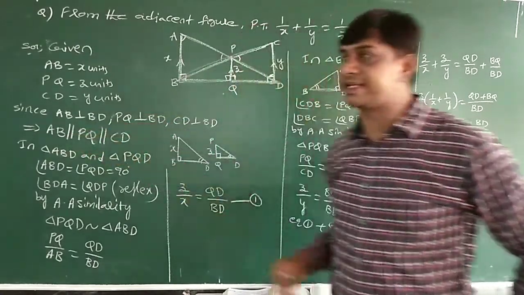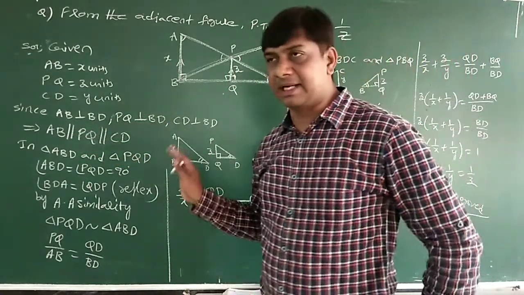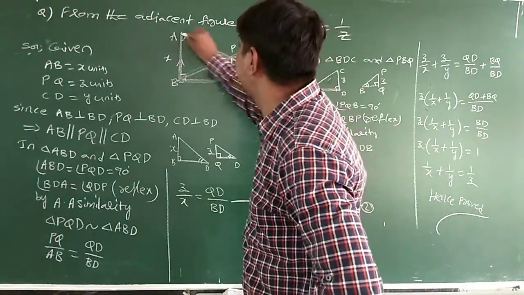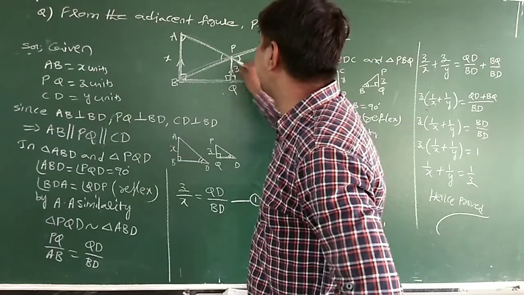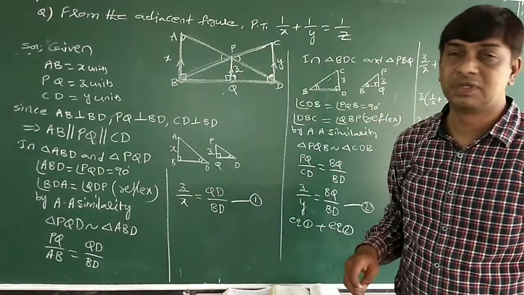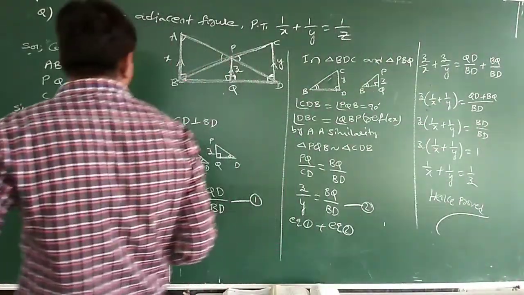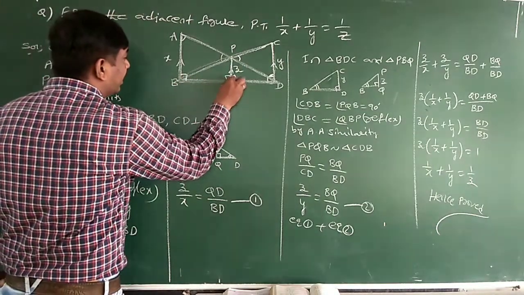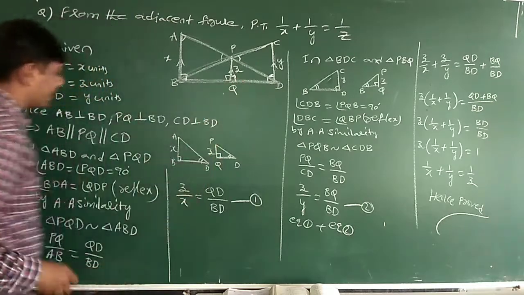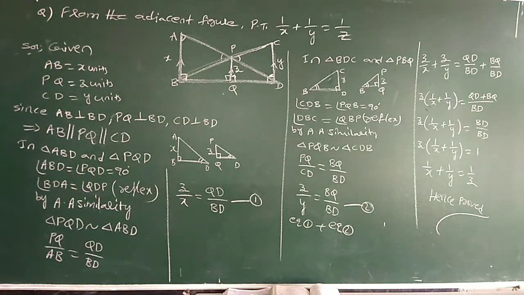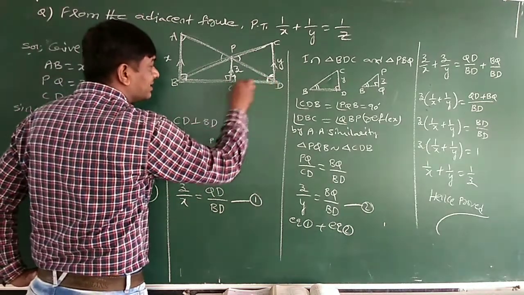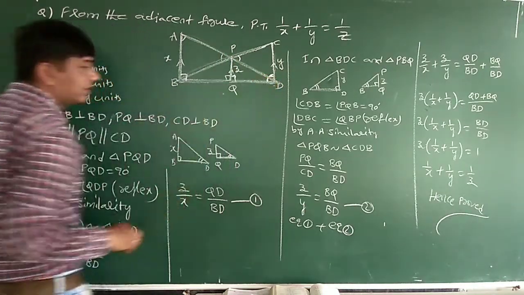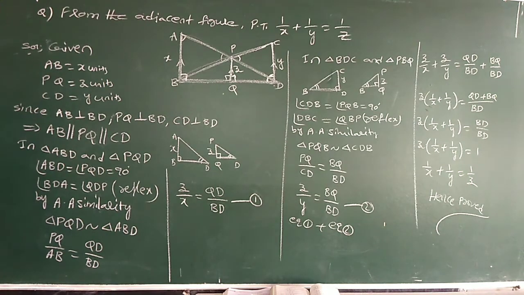Now first consider triangle ABD and triangle PQD. In triangle ABD and triangle PQD, angle ABD and angle PQD are 90 degrees. In the same way, angle BDA and angle QDP are reflexive angles, common to both.